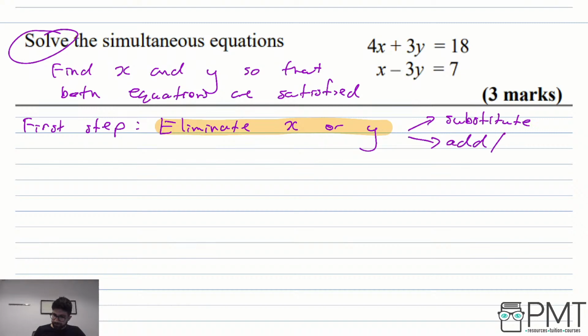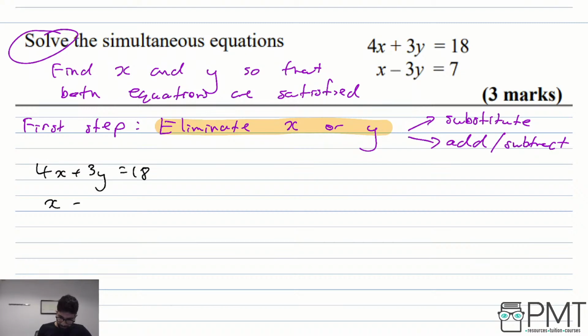You can either substitute or add or subtract. Okay, let's do this example. So let's go with the adding method. I will just rewrite these equations here so I have more space.